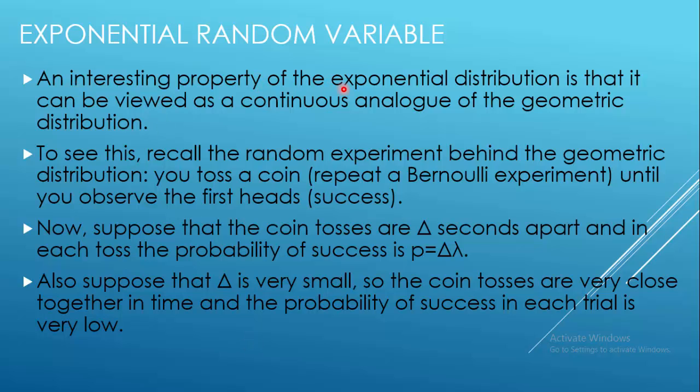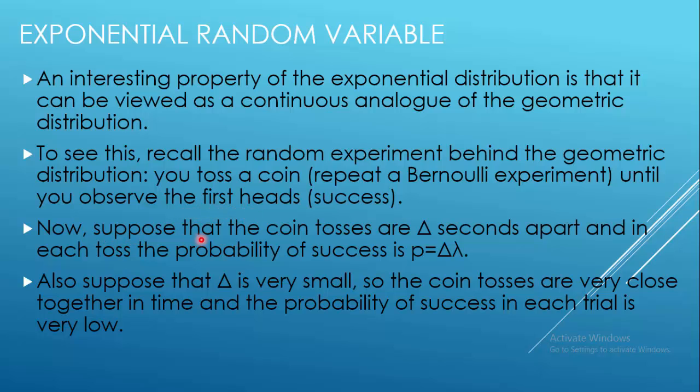An interesting property of the exponential distribution is that it can be viewed as a continuous analog of the geometric distribution. To see this, recall the random experiment behind the geometric distribution. You toss a coin until you observe the first head.